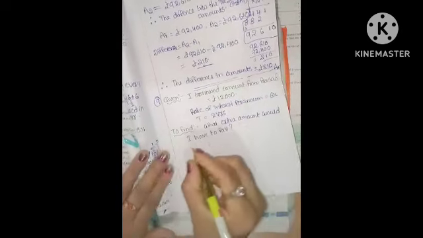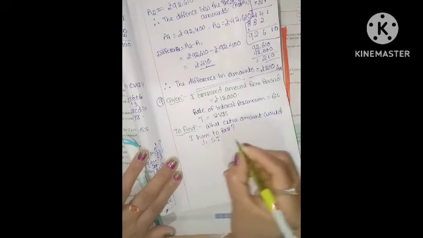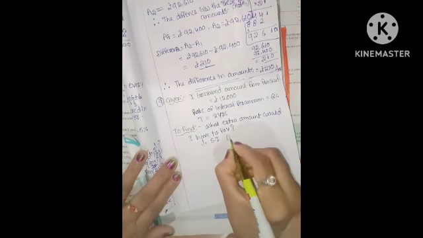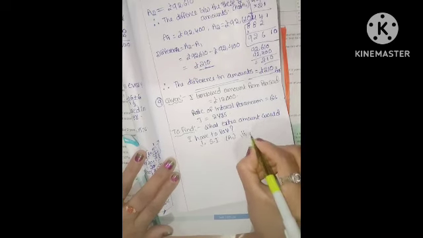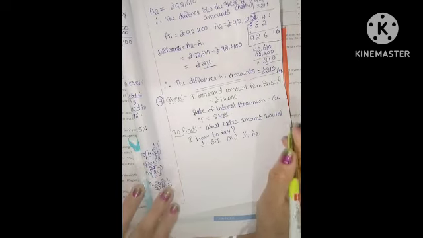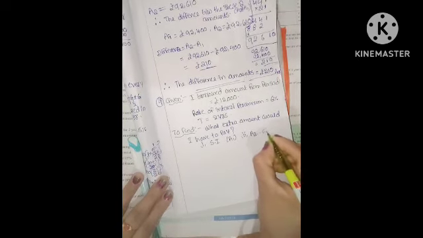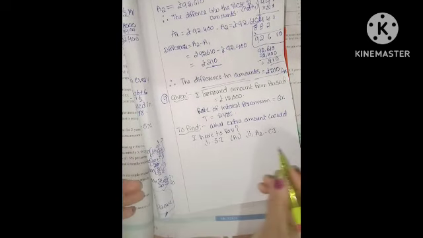First calculate the simple interest amount, A1, and the second one, A2, the compound interest amount. Are you clear, Gagan sir?